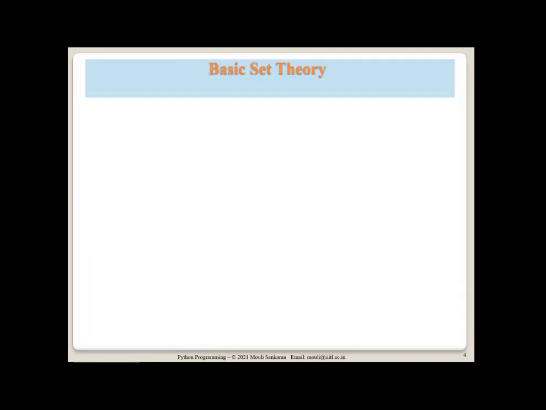Before that, I will introduce you to set theory, and then we will see how a set differs from a list. In mathematics, a set is a well-defined collection of distinct objects, like a set of polygons. We call them a set because somehow they are related. The relationship need not be in terms of their types.